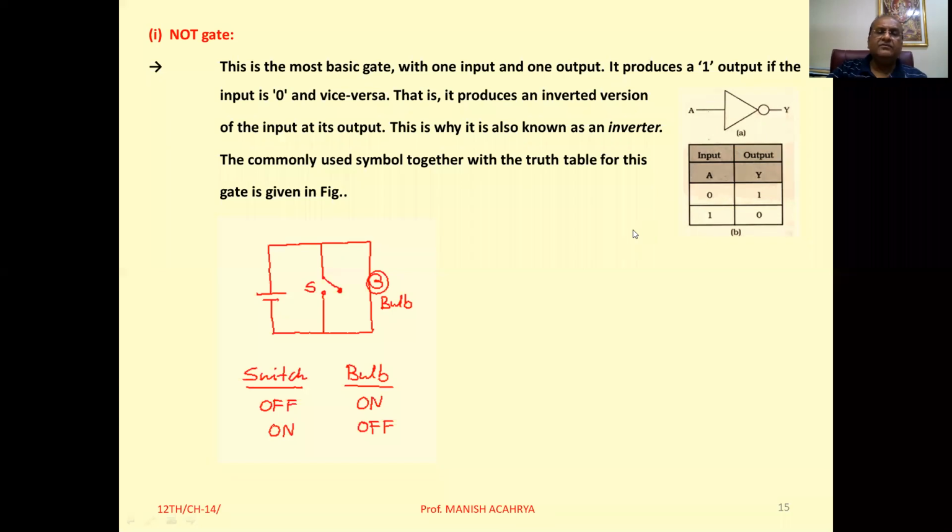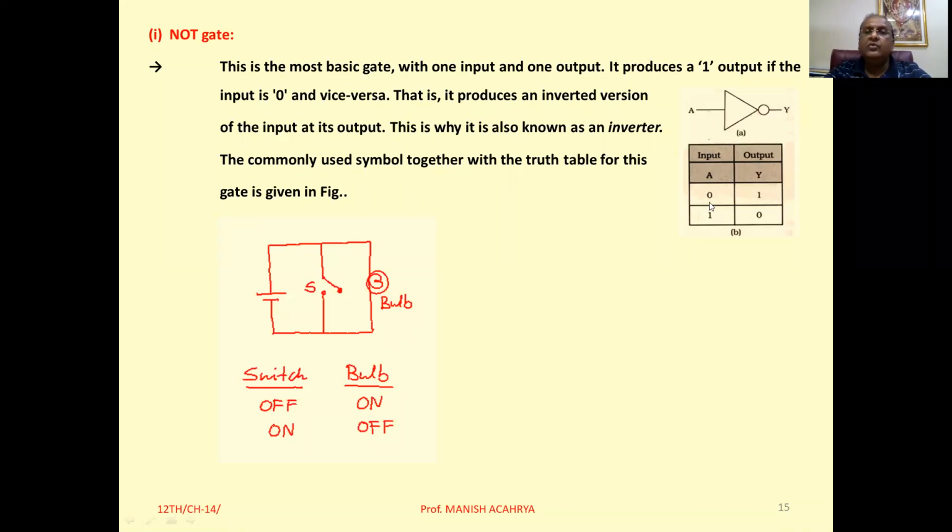Now, see how to understand this particular truth table. The truth table suggests this: when your input A is 0, it implies that 0 volt is given to the input, then in the output you will get 5 volt.